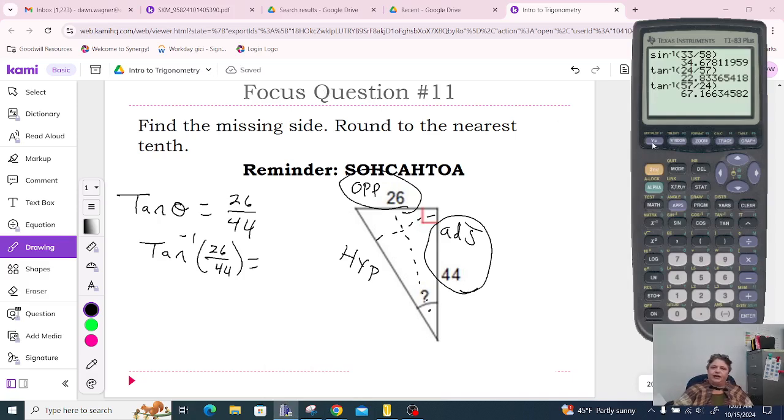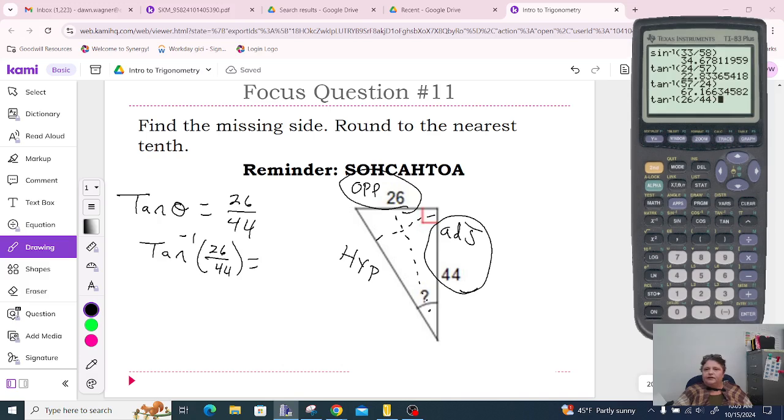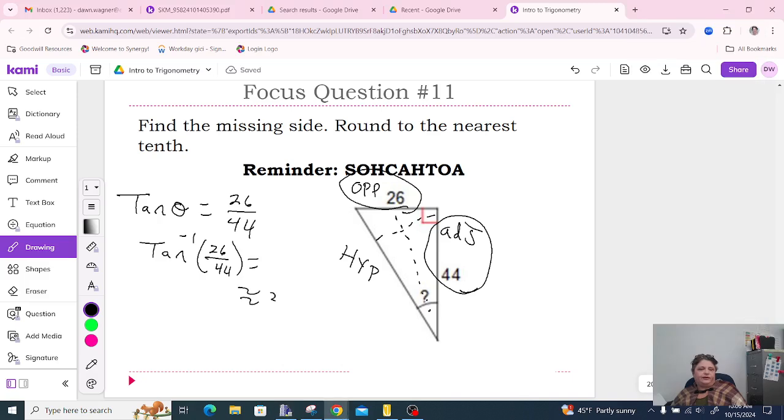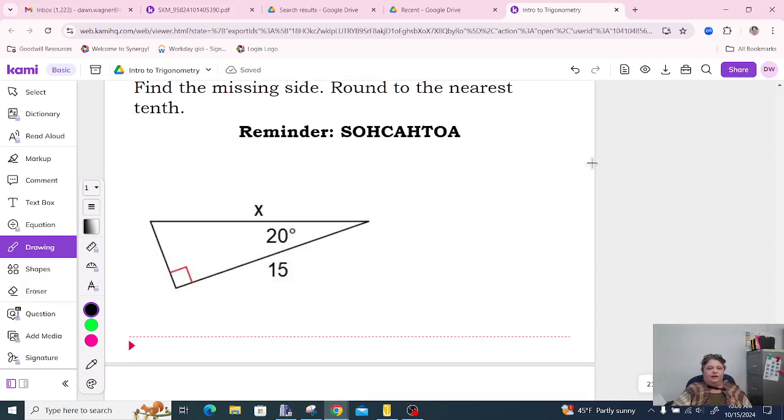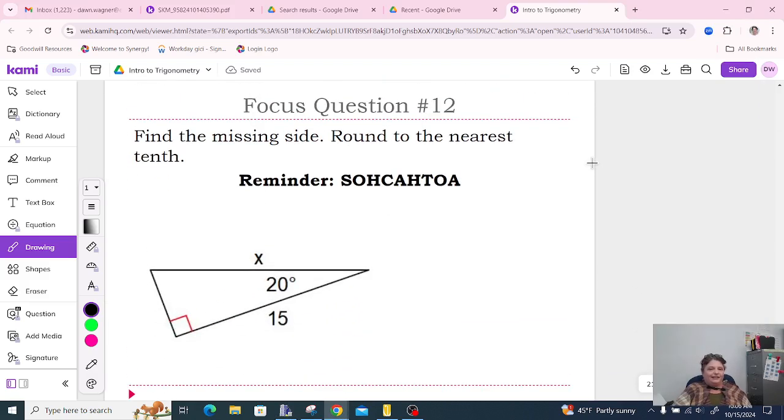Did you do second? Tangent. Make sure you have that -1. 26 divided by 44. And we get about 31. So approximately 31 degrees.